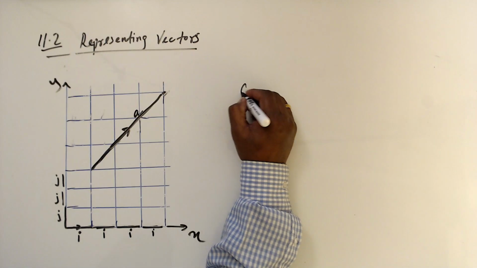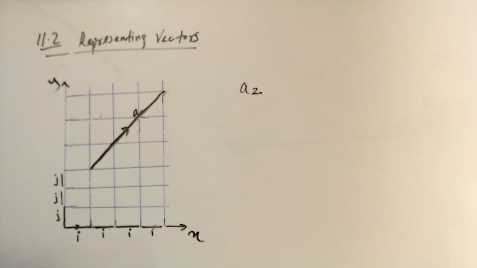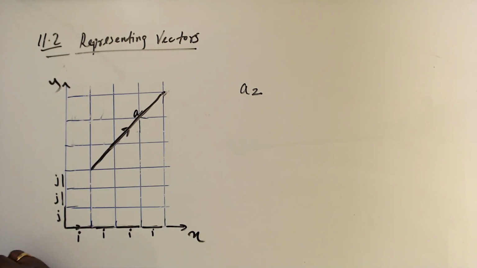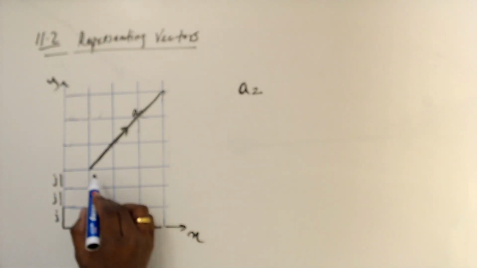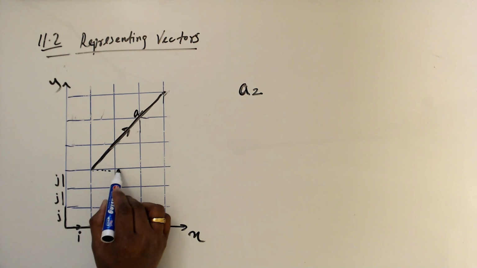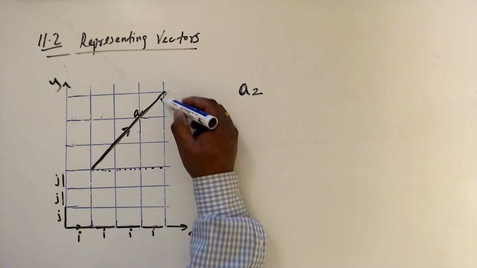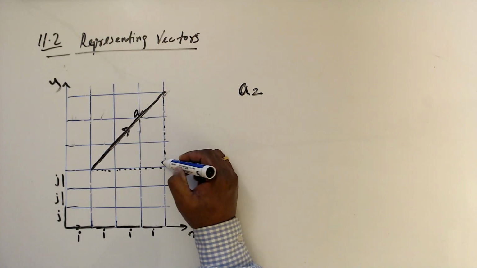I can write A. I'll complete this triangle, a right angle triangle. So now we have an angle.